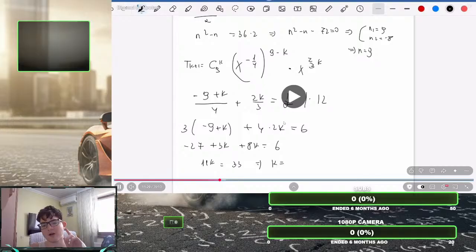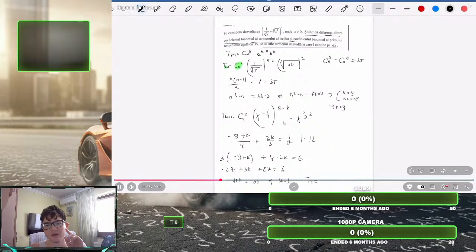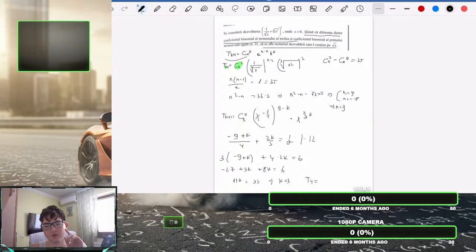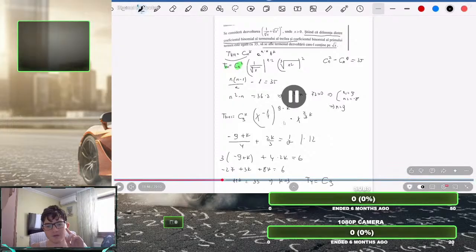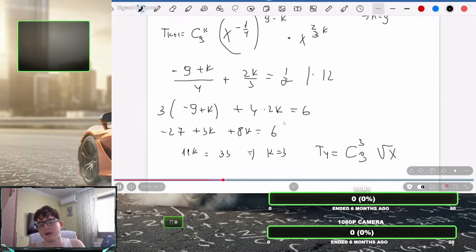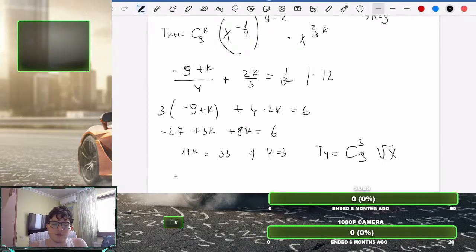So k is going to be 3. Stupid handwriting, bruv. We got T4, T3 plus 1, right? So n is what? 9. On top we got 3, and next up we have x to the power of 1 divided by 2. It's just square root of x. So just need to calculate that, and that's it, bruv.